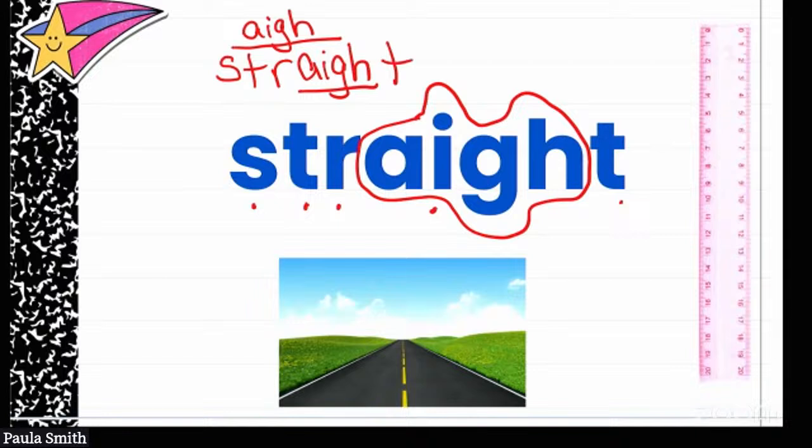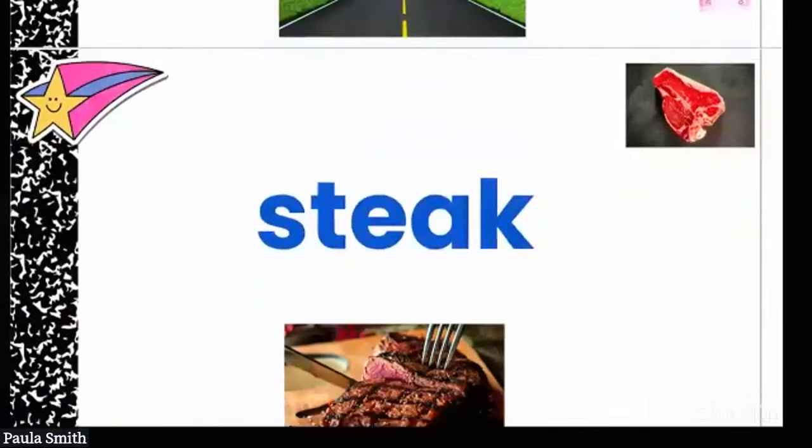And the nice thing about AIGH is you really only need to learn it for this word. This word in different forms of this word, like straighter, straighten, because this is the only word that has AIGH for the spelling of long A. All right, let's move on to our next word.